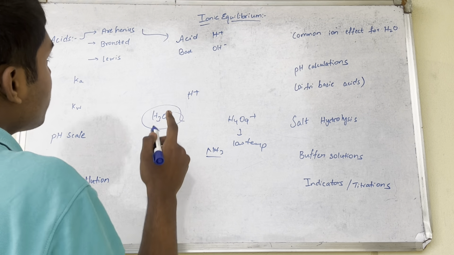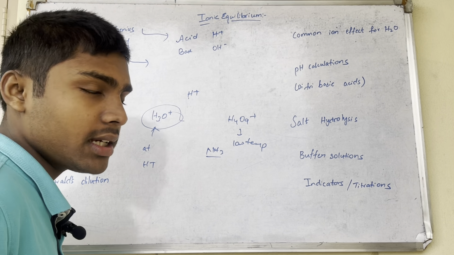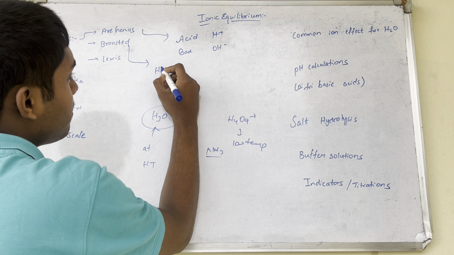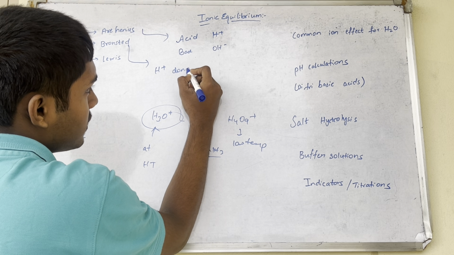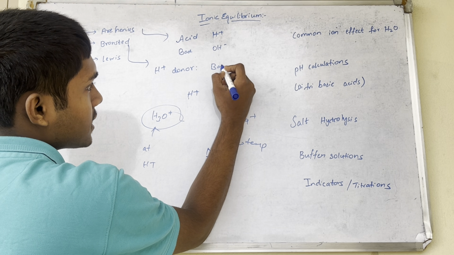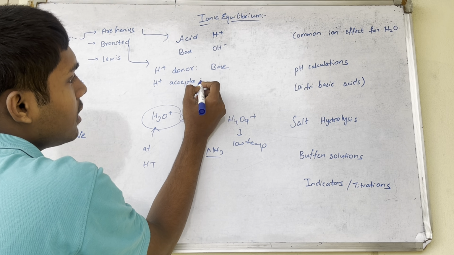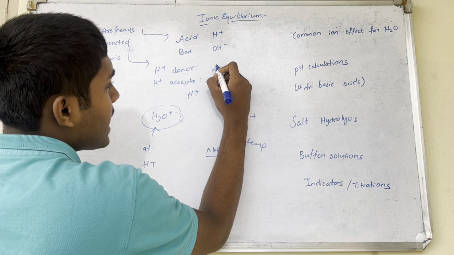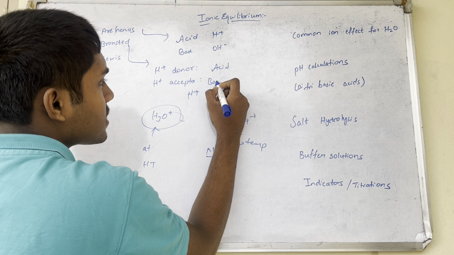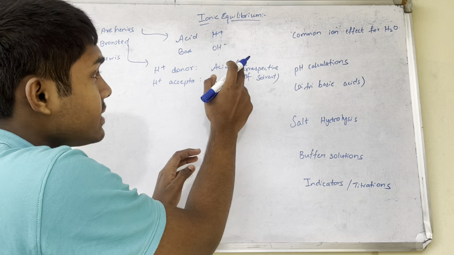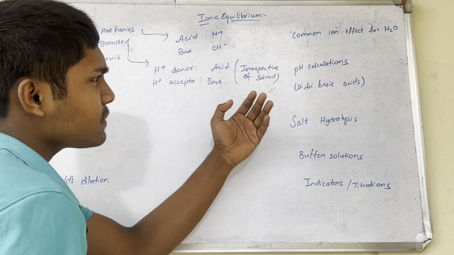Okay. Now coming to Bronsted. In a simple definition, an H+ donor is called an acid and an H+ acceptor is called a base. So Bronsted: H+ donor is acid and H+ acceptor is base, irrespective of any solvent.